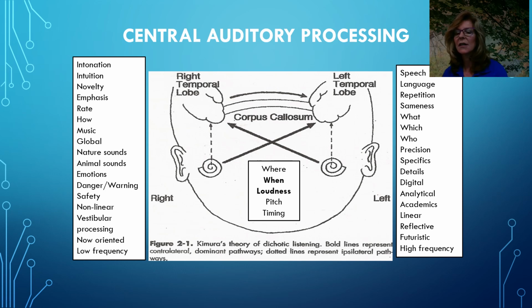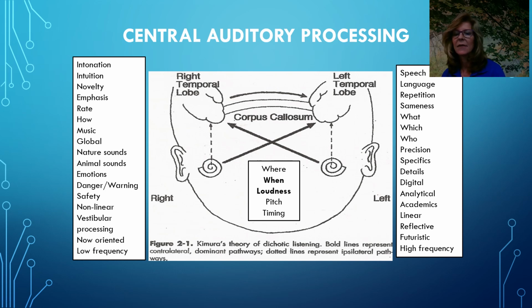We start to localize earlier than that, but really clear head turning on a horizontal plane occurs around 6 months of age, and looking up and down for sounds maybe 9-10 months of age. And so the brainstem is helping us to understand what direction sound is coming from, how loud it is, based on characteristics between the two ears and the head.